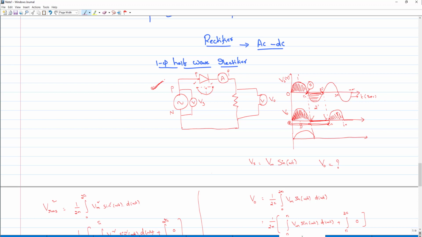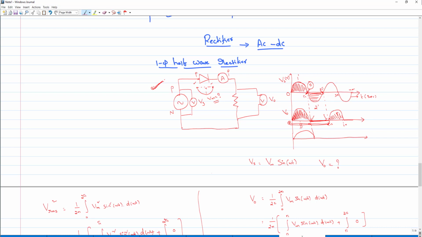So that peak inverse voltage is a very important point in designing circuits basically. That is the voltage that appears across the diode during its blocking state. From here we can see that we need to find out the maximum voltage, that is the peak voltage Vm.